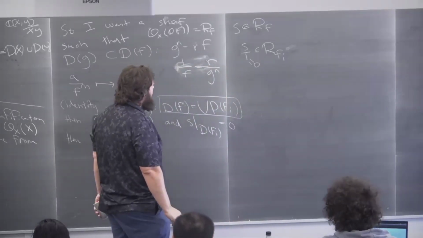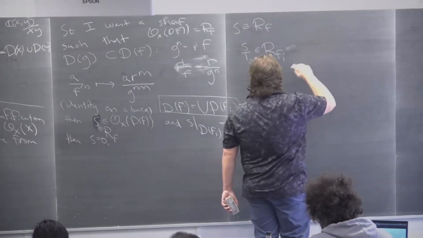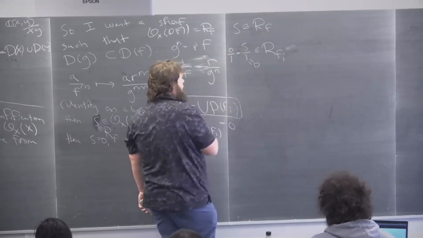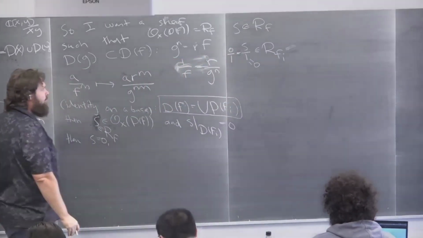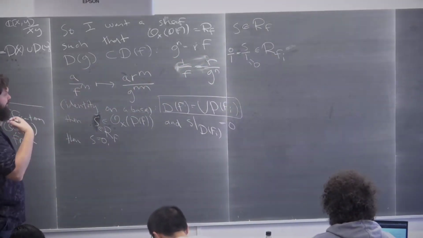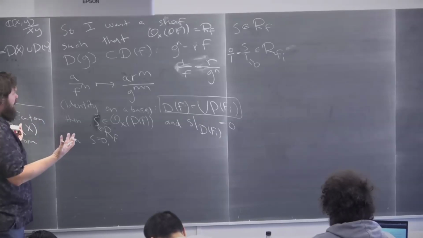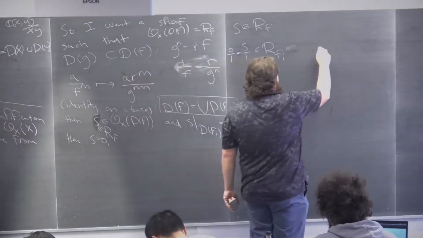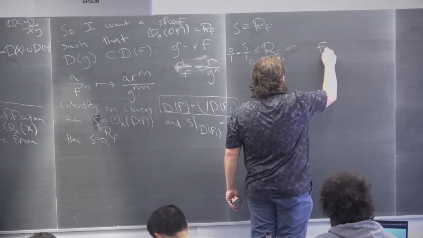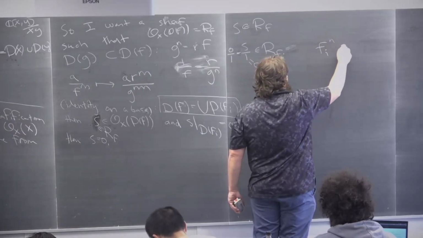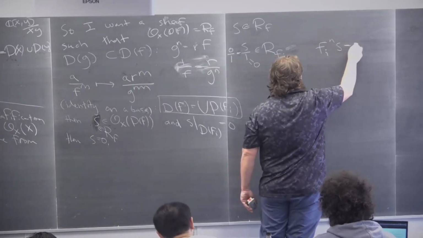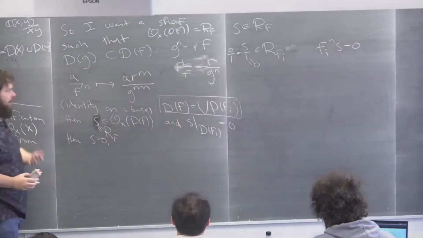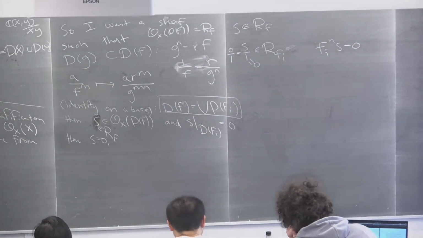So what this is saying is that this guy is equal to 0/1. And if I go through my equivalence relation for when elements of this localization are zero, this means that some power of f_i times s is zero. That's what it means to be zero in the localization.